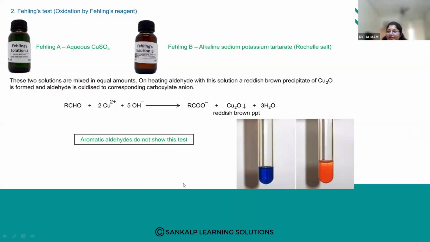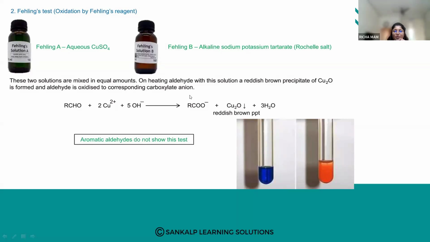We get the Fehling solution by mixing the two solutions, Fehling's A and Fehling's B. Fehling's A consists of aqueous copper sulfate, and Fehling's B consists of sodium potassium tartrate, which is called Rochelle salt. Both solutions are taken in equal amounts.